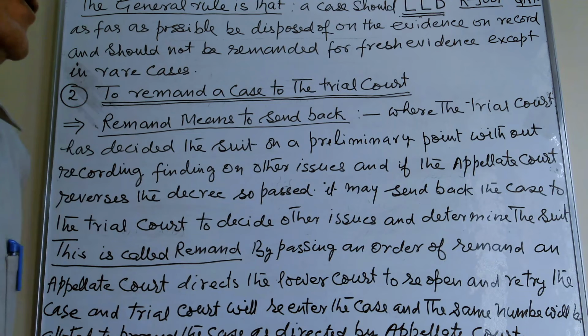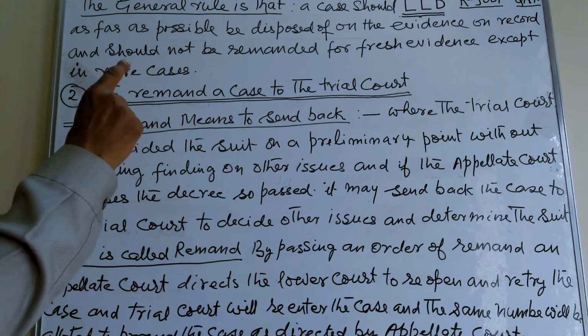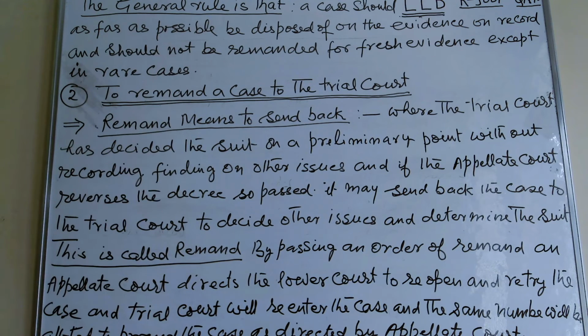My dear friends, as I have said, the general rule in the first power is that a case should, as far as possible, be disposed of on the evidence on record and should not be remanded for fresh evidence except in rare cases.